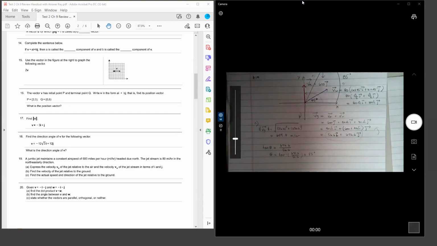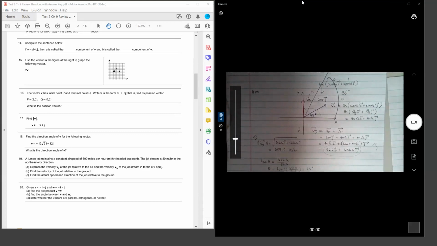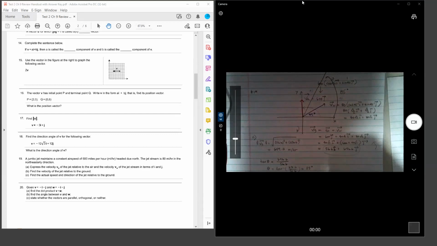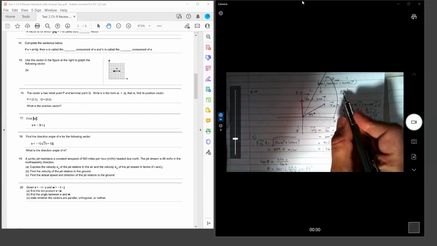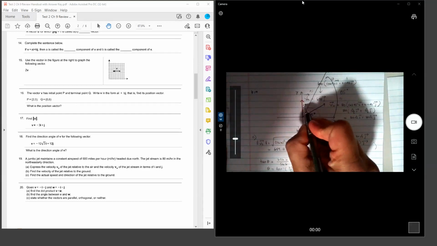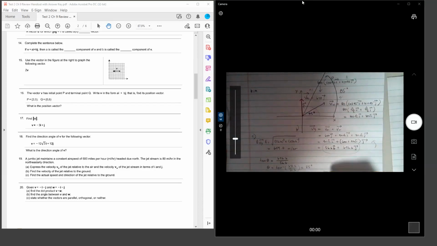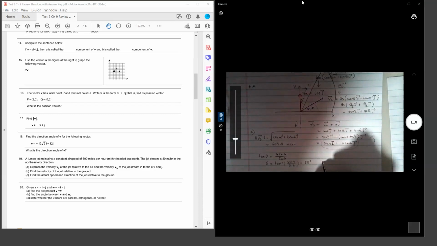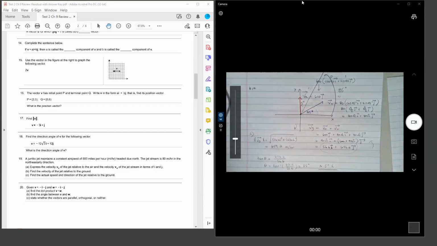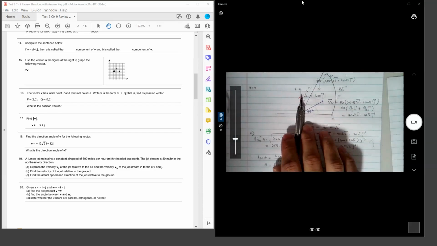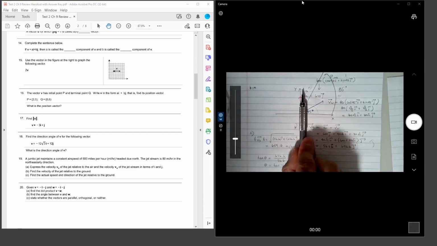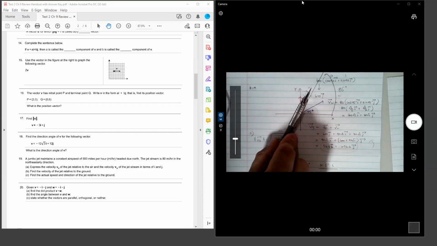So in order to provide that in bearing, that's 85, so this must be 5 degrees. So the aircraft must be flying north 5 degrees east. So the aircraft must be flying north, but 5 degrees this way, east.